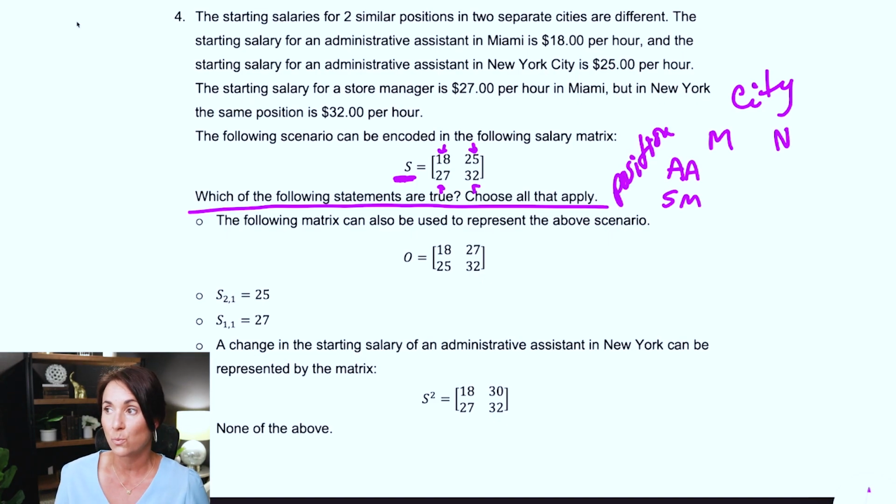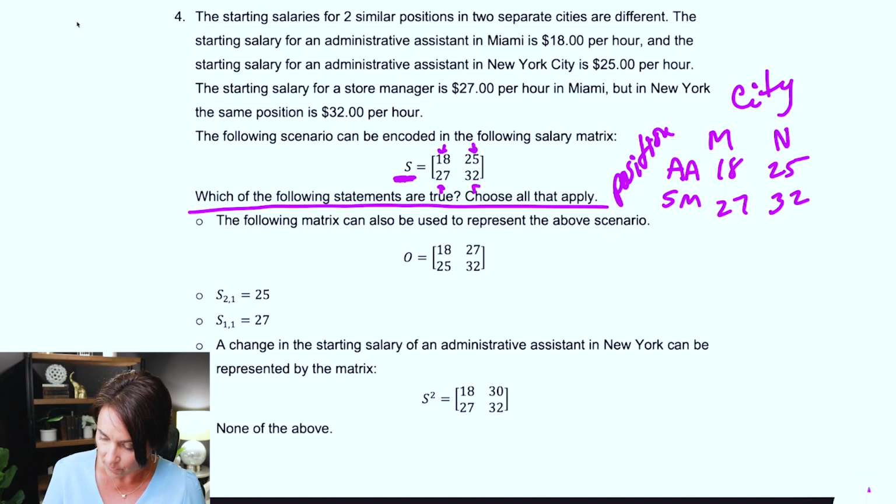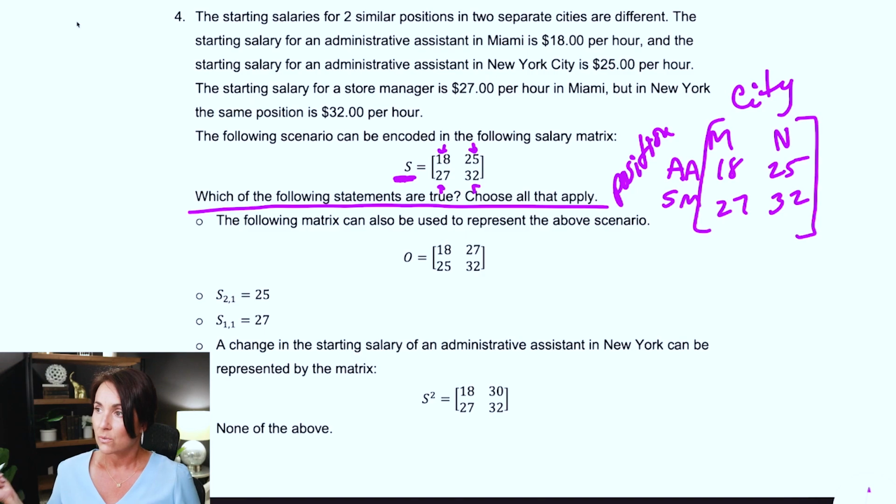Okay, that's how this matrix works. Now you can structure the matrix differently, and I'll show you that in a minute. So let me just fill in my matrix here: 27 and 32. All right, so that's how it's done.